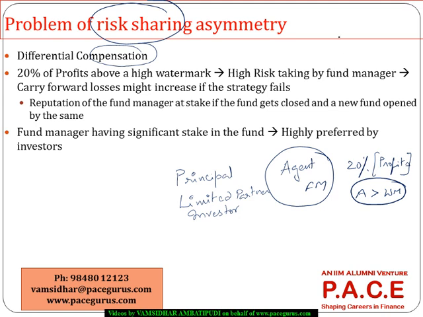So to generate a very high profit, the hedge fund manager generally gets into a high risk taking strategy, which in case of a success, the fund manager makes money and even the investors also make huge money.